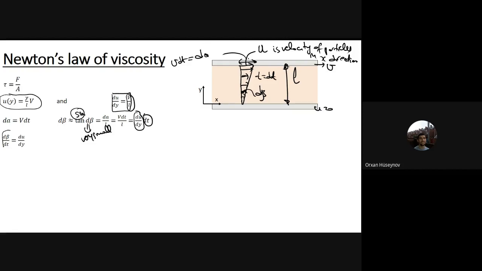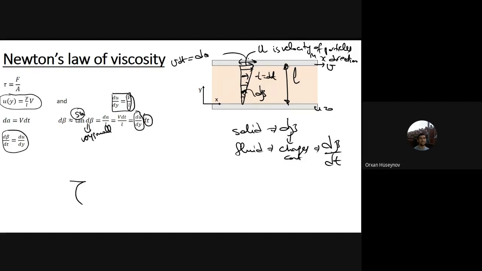And you are looking for d beta by dt. Why? I have said for solid materials, d beta is enough. But for fluids, this d beta changes continuously. Therefore, instead of d beta, we are looking for d beta per dt. That is what Newton has told us. So at the end, Newton says that the applied shear stress is proportional to, is equal to, some constant multiplied with d beta by dt.